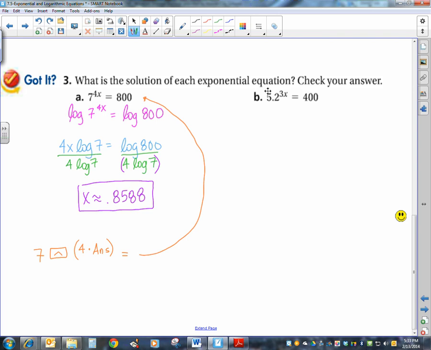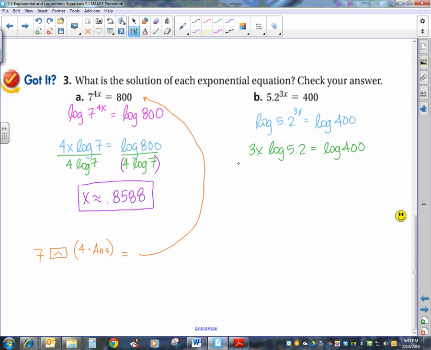Okay, look at the next one. 5.2 to the 3x. Again, take the log of both sides because I cannot write 400 with a base of 5.2. So I have the log of 5.2 to the 3x equals the log of 400. Use my power rule. It's going to say 3x times the log of 5.2 equals the log of 400.